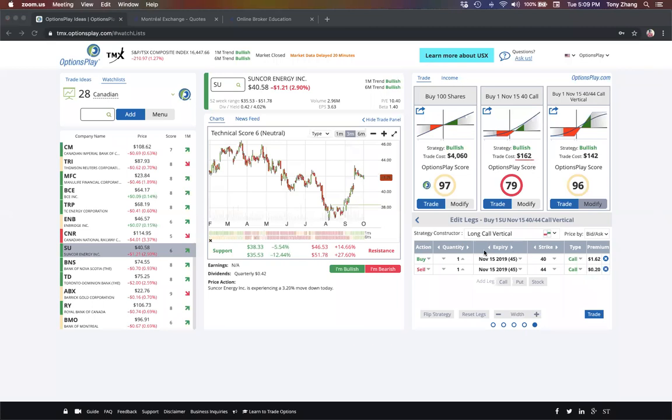That's what I'm buying here. But by selling the 44 call, I'm collecting 20 cents. That's how we go from 162 down to 142, because it cost me $1.62 to buy it, but I'm selling the other call for 20 cents, so I'm actually receiving 20 cents. That's why the net cost is less by 20 cents, because by selling that $44 call, I've reduced my cost by 20 cents. I hope that answered your question, John.